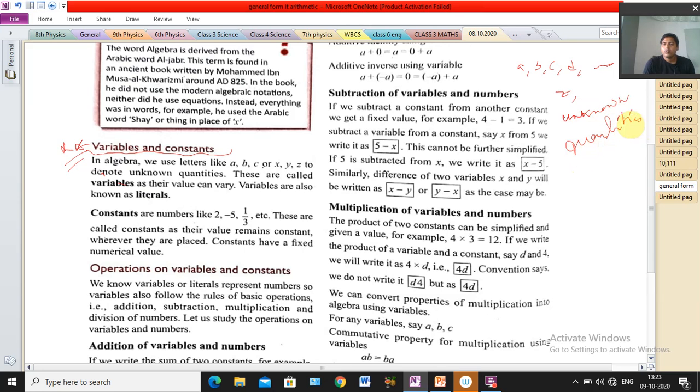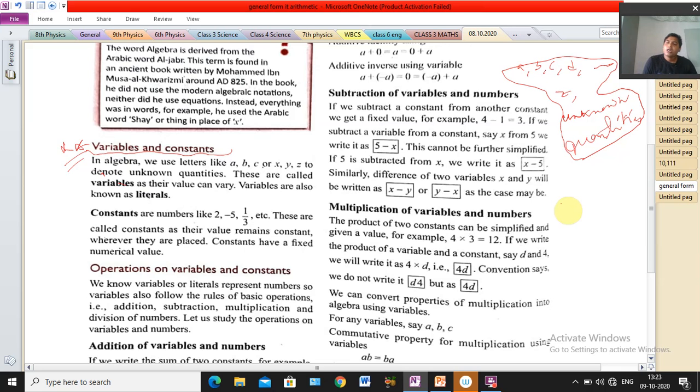Okay, unknown quantities. These unknown quantities are called what, sir? These unknown quantities are called variables. Again I am telling you what variables are: a, b, c, d, e up to z. We know that these letters are unknown quantities.